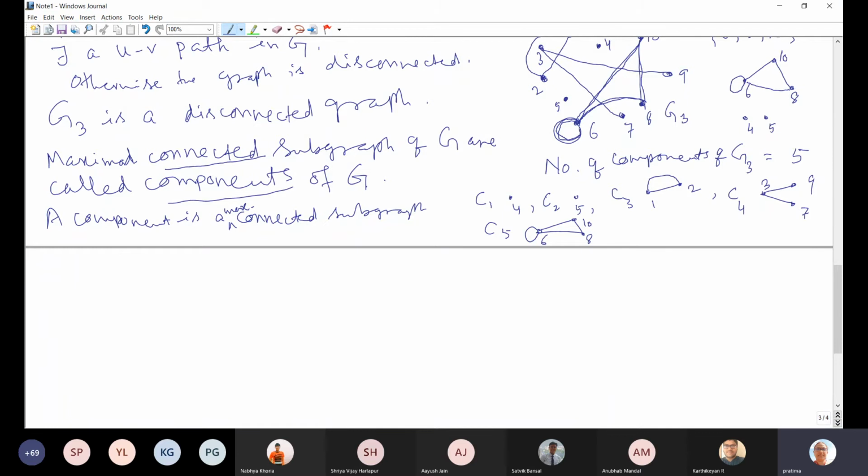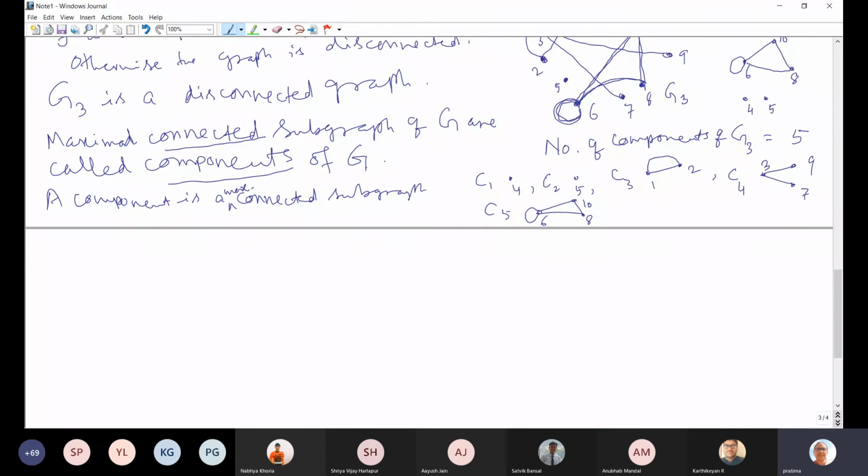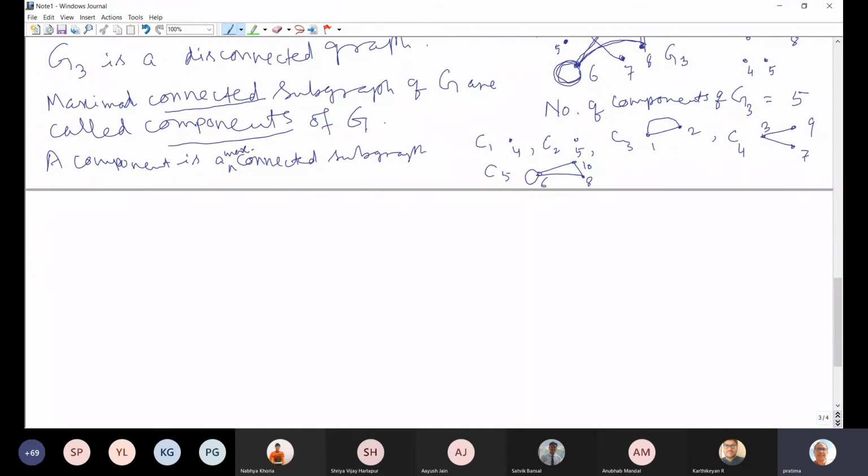One interesting way of representing a graph which can be input in a machine is to define a matrix corresponding to a graph.